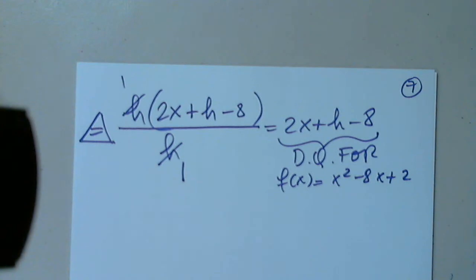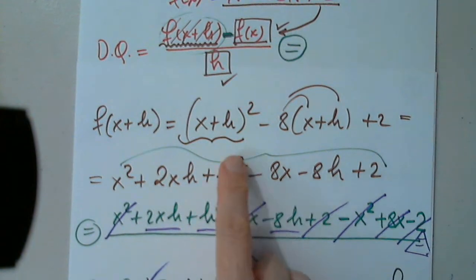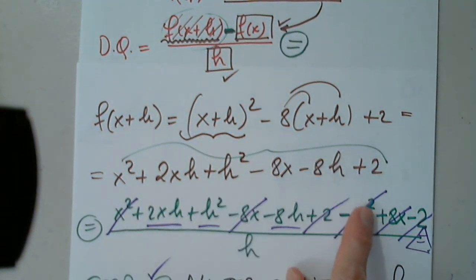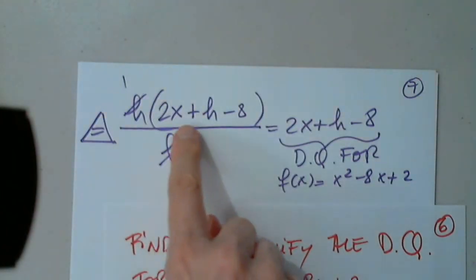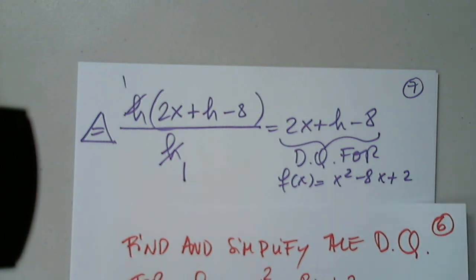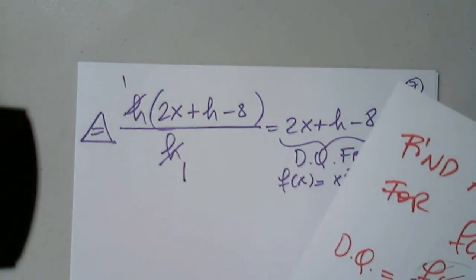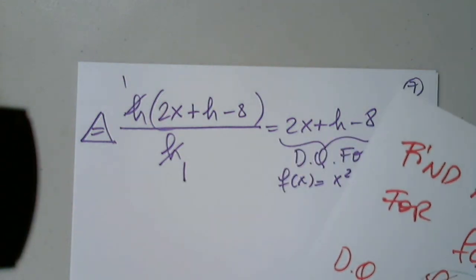So at the end we had h squared plus 2xh minus 8h, right? You're talking about this? Yes. But what happened to h squared?